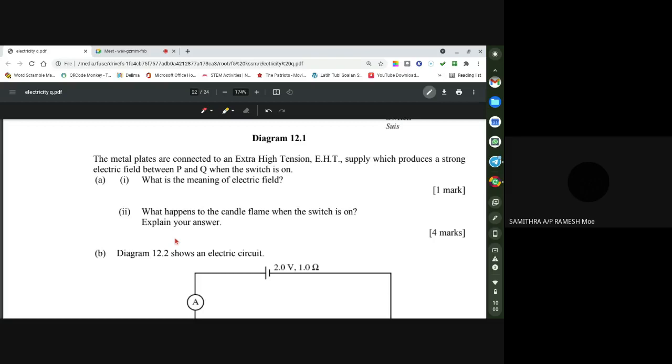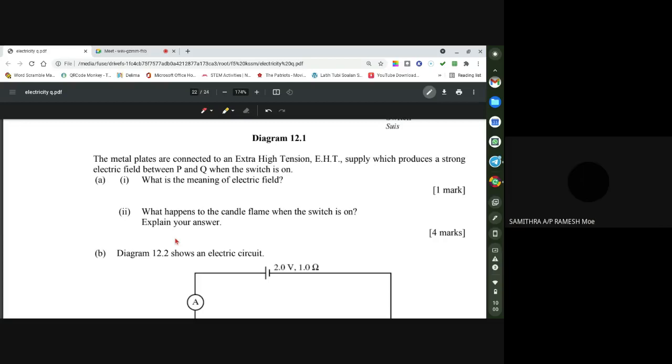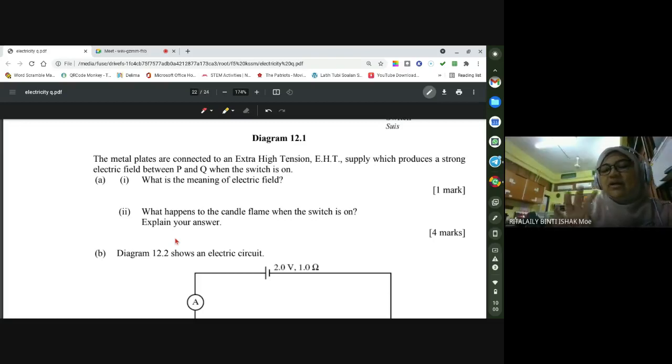metal plates. So for the fourth point, it is better for you to add why the flame on the negative plate is bigger. Is it because positive ions have larger mass and size compared to negative ions? Yes. Okay, so your fourth point is just missing one thing.